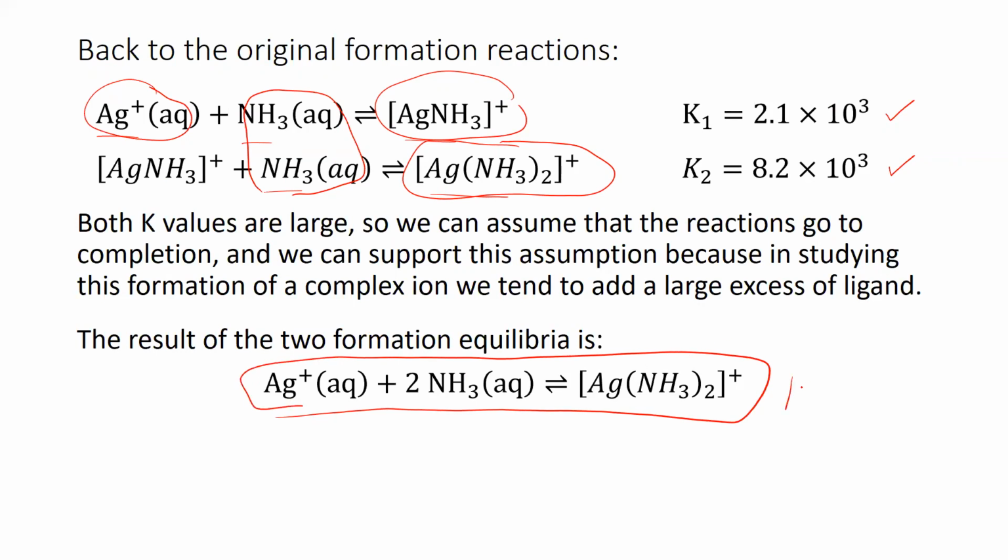And this would have a Kf associated with it equal to the concentration of the complex ion, divided by the concentration of the silver ion times the concentration of the ammonia squared, okay? So we're going to use that information as we do a practice problem.